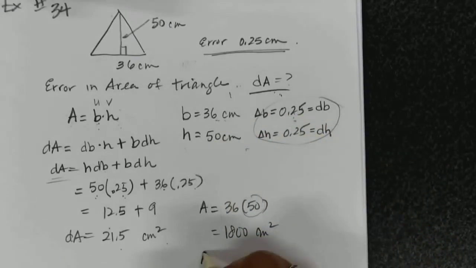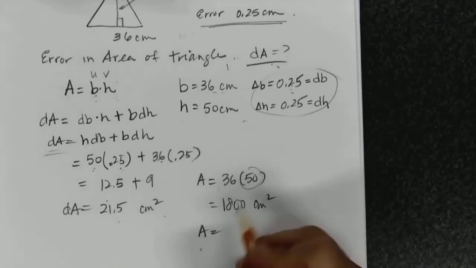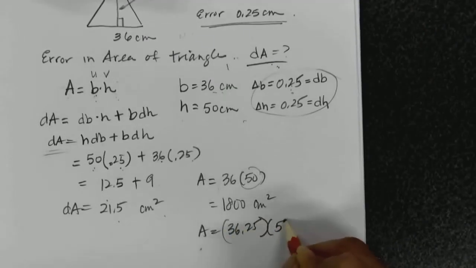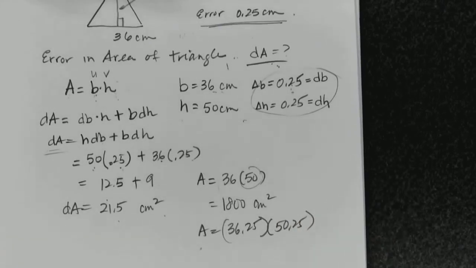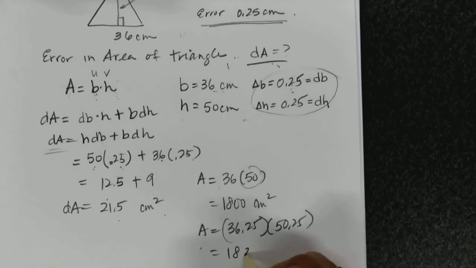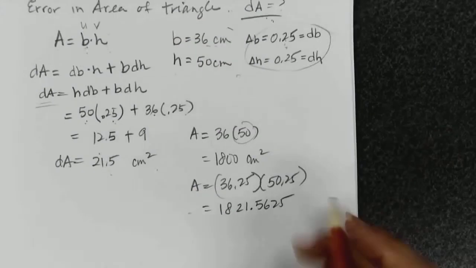So if I did the second one, area would be 36.25 times 50.25, right? So if I did 36.25 times 50.25, this will be 1821.5625. That's the area, right?